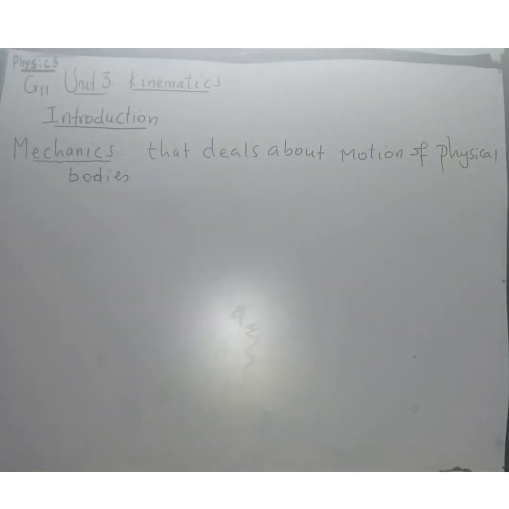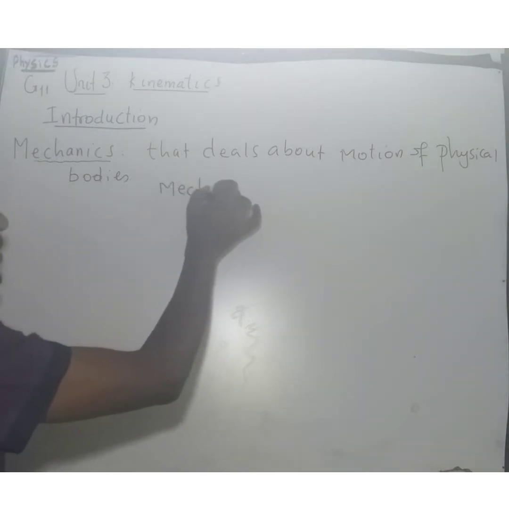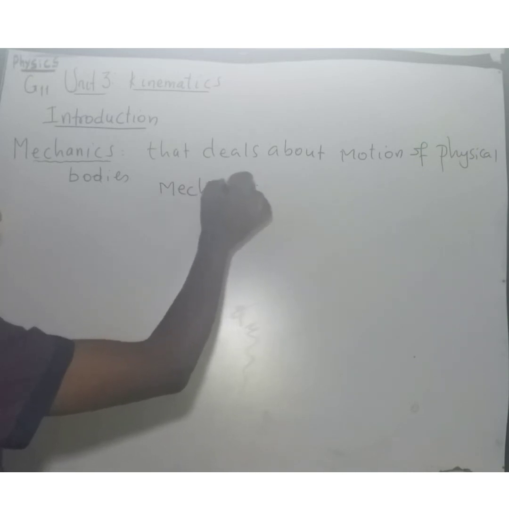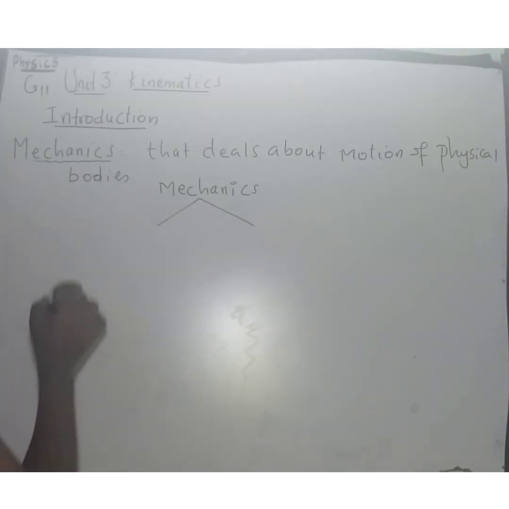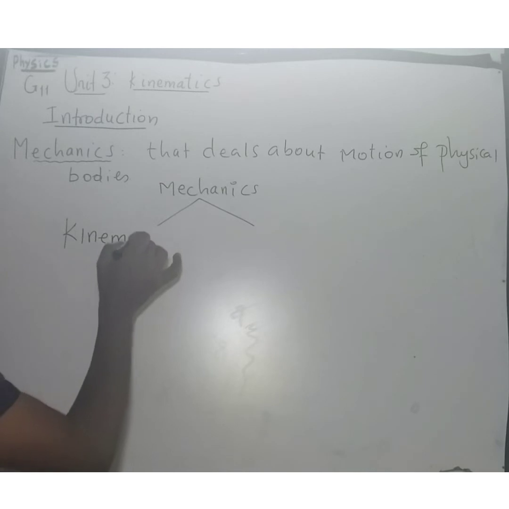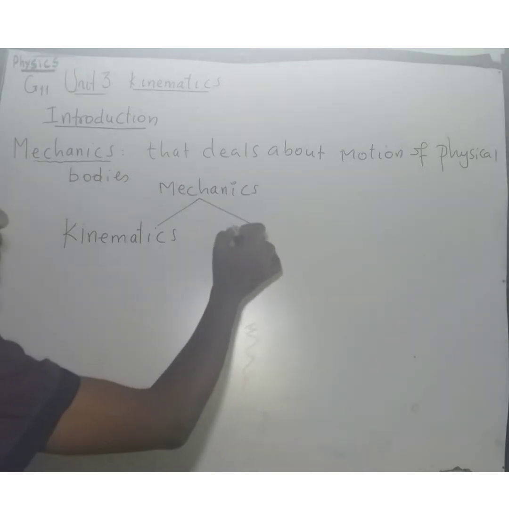In order to study motion, we classify mechanics into two classes. The first one is kinematics, which we are discussing in this unit, unit 3, and the second one is dynamics.